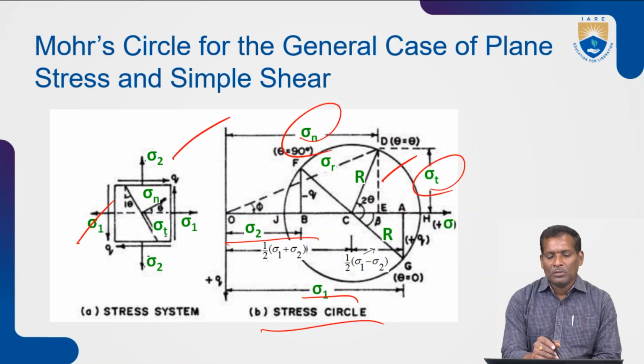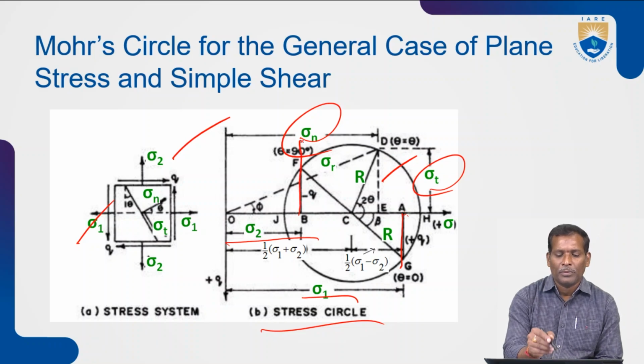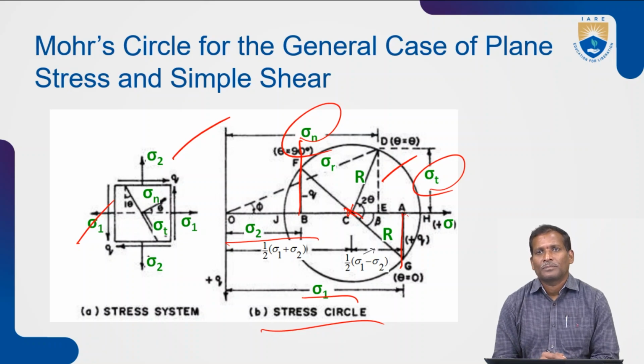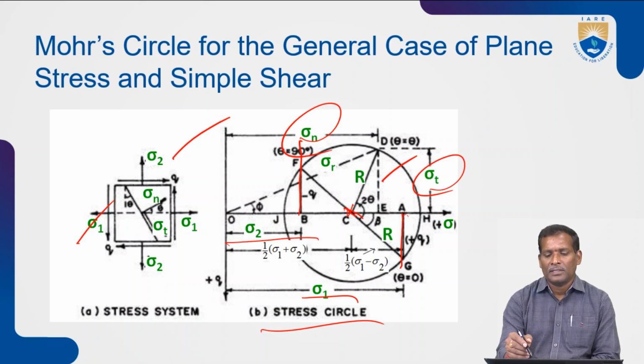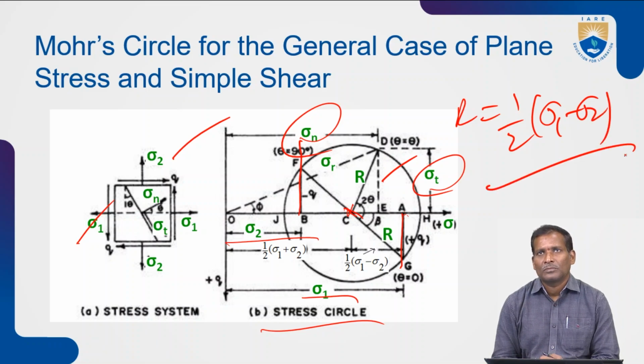So here also drawn one AB line, and then from A draw one perpendicular line, and a perpendicular bisecting line is the center. From this C point draw a circle. What is the circle radius? The circle radius is here, sigma 1 minus sigma 2. So sigma 1 minus sigma 2 is shown in this diagram.